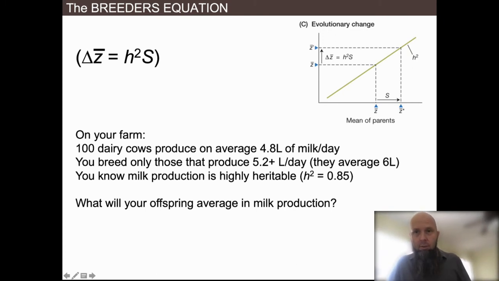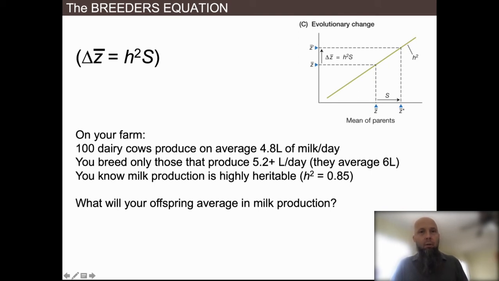That's z-bar star, okay? So your difference between Z bar and Z bar star is the difference between 4.8 and 6 liters, the two averages. And I'm giving you the heritability of milk production. This is a highly heritable trait, so 0.85 is your heritability.